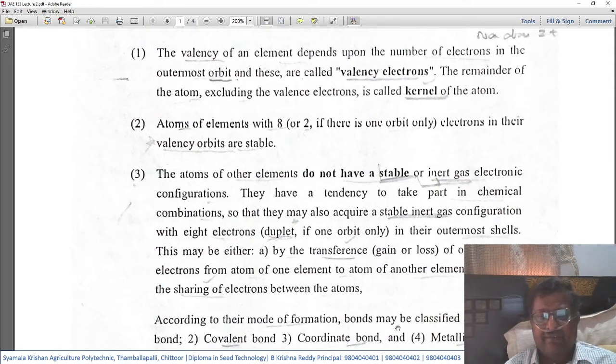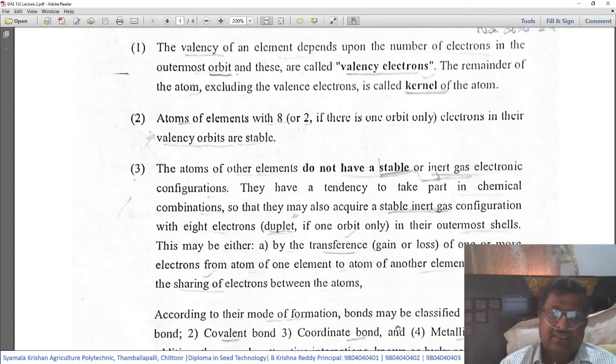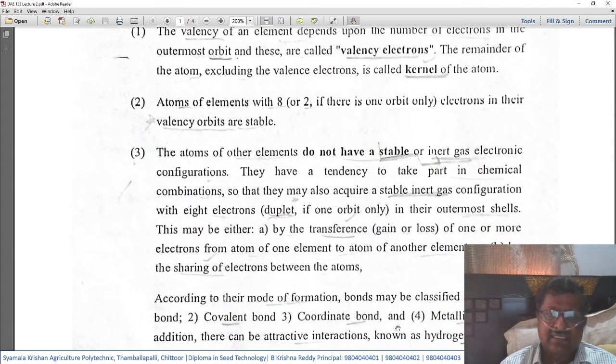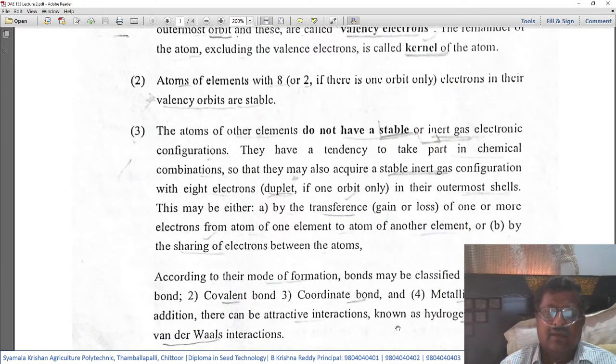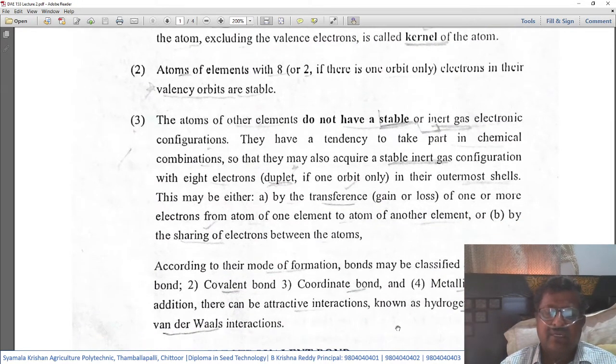And there is another way also, that is by sharing the electrons between the atoms. So instead of transferring, there is sharing. Between two atoms of two different elements, if the electrons get shared, then it is called sharing. That way also chemical reactions will happen, and the unstable atoms of an element become stable.